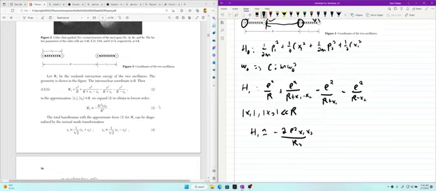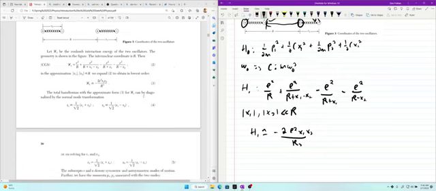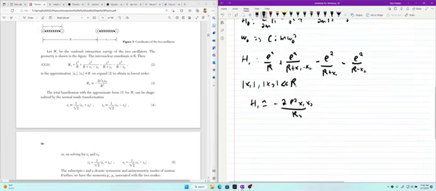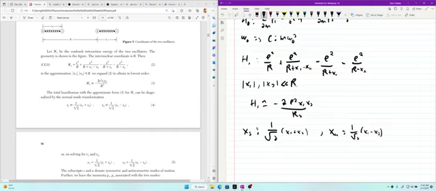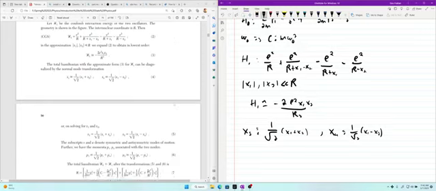So then the total Hamiltonian with H1 can be diagonalized. We get xs equal to 1 over root 2 (x1 plus x2), and xa defined as 1 over root 2 (x1 minus x2), for the sum and the difference.